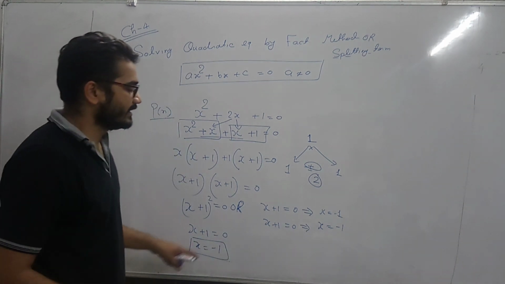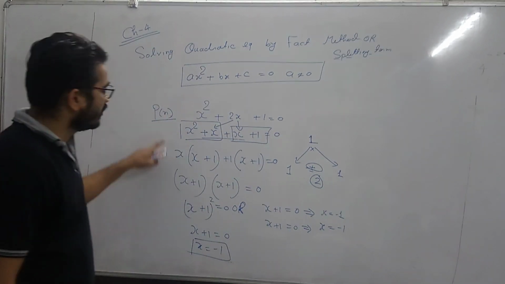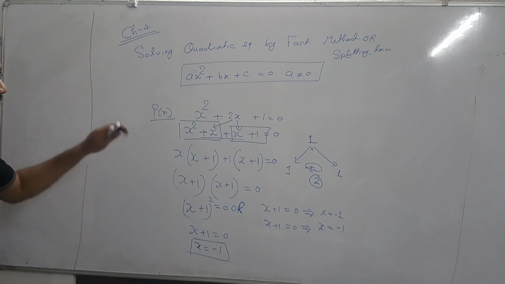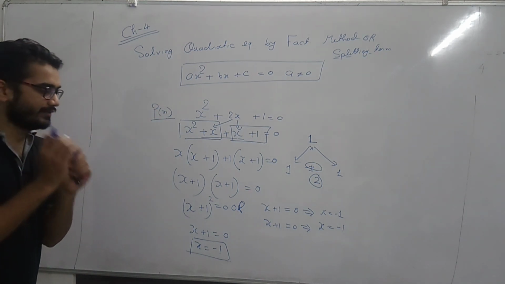So we are getting the value of x, that is minus 1. This is how we can solve the polynomial. Now let us talk about a few points.